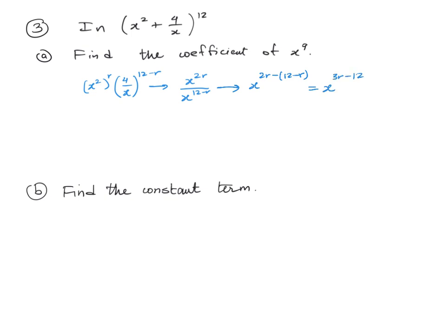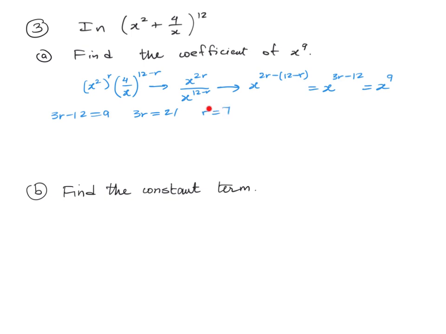And that is what I want to eventually become x to the 9th. So really what I'm trying to solve is 3r minus 12 equals 9. So if 3r minus 12 equals 9, I end up with 3r equals 21, which means r must be 7.